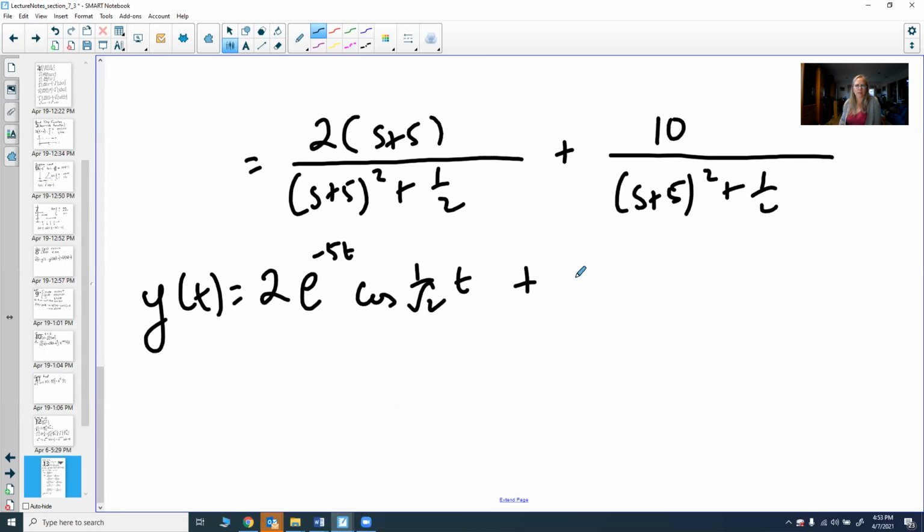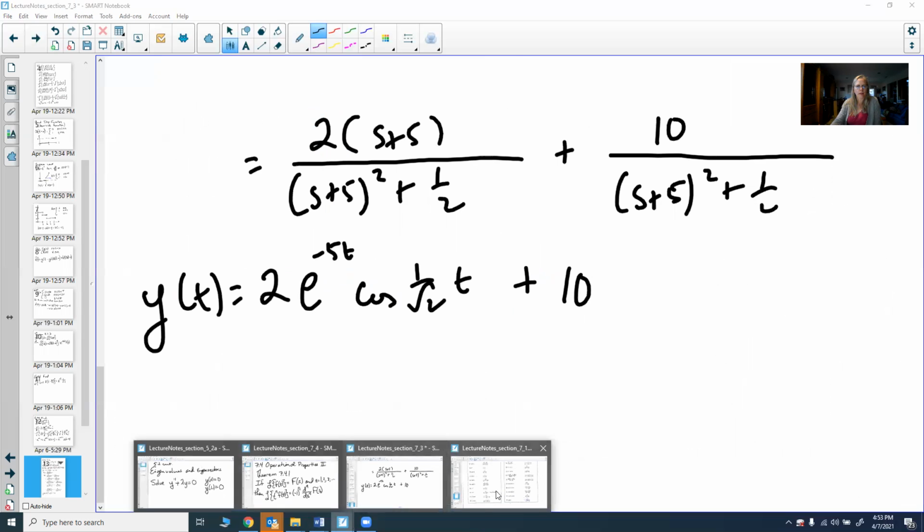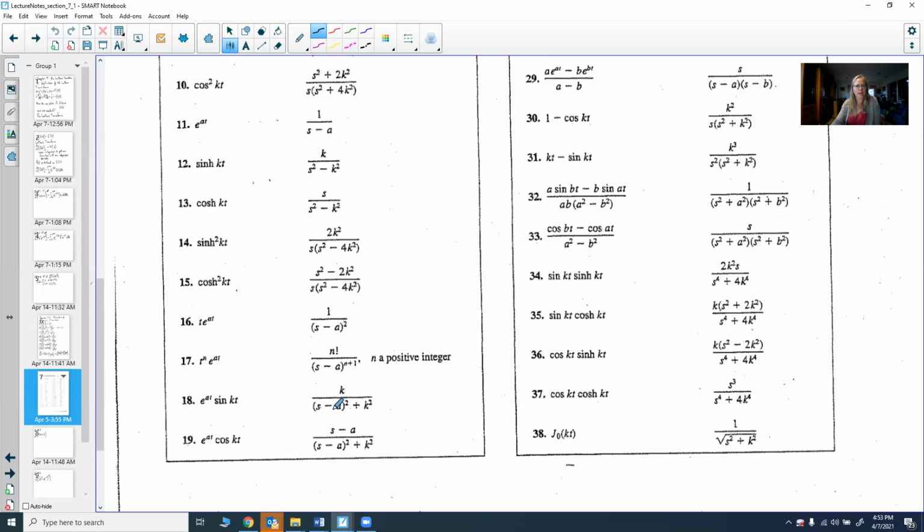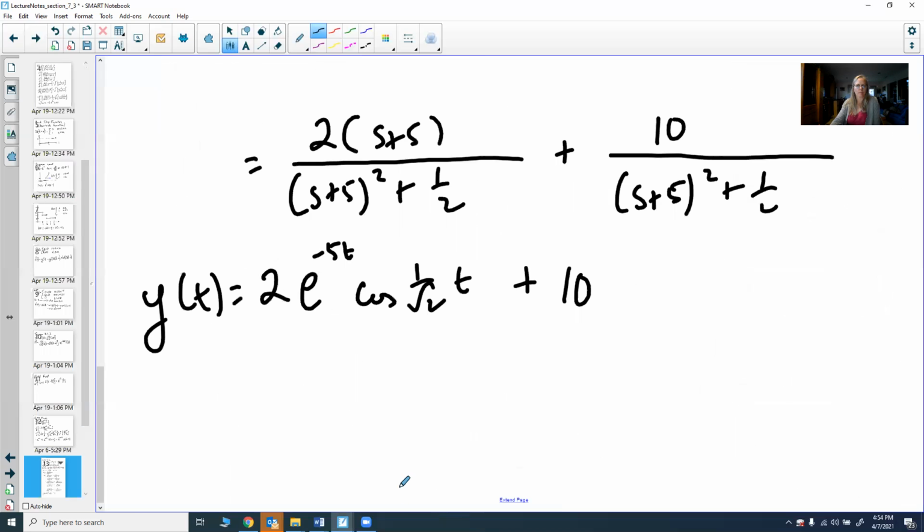This one's going to be the exact same way. I'm going to pull that 10 out. Same idea, but again, we're going to look for that transformation, we see we actually have k over s minus a squared plus k squared equals e to the at sine of kt. So here, my a again must be negative 5. My k is the square root of 1/2. That means I do need to add that to the top.